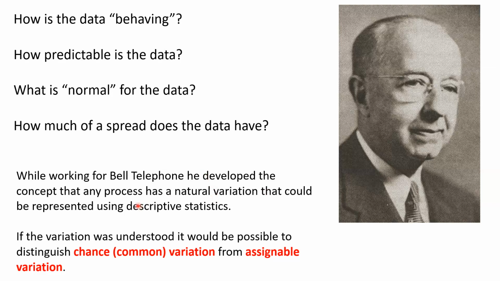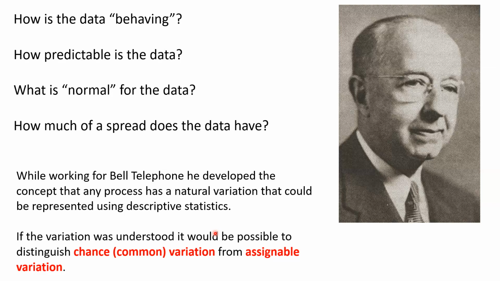And you could understand that using descriptive statistics. More so, if the variation was understood, it would be possible to distinguish the chance or common causes from the assignable causes or assignable variation.